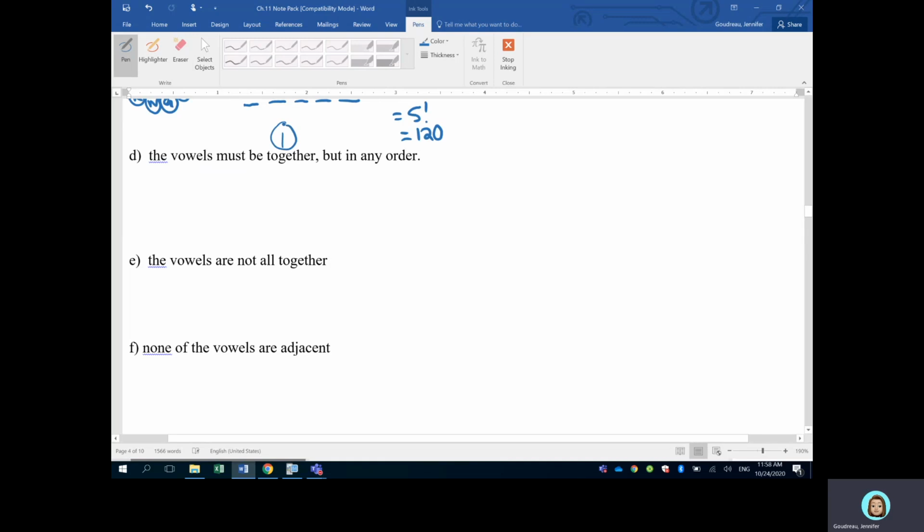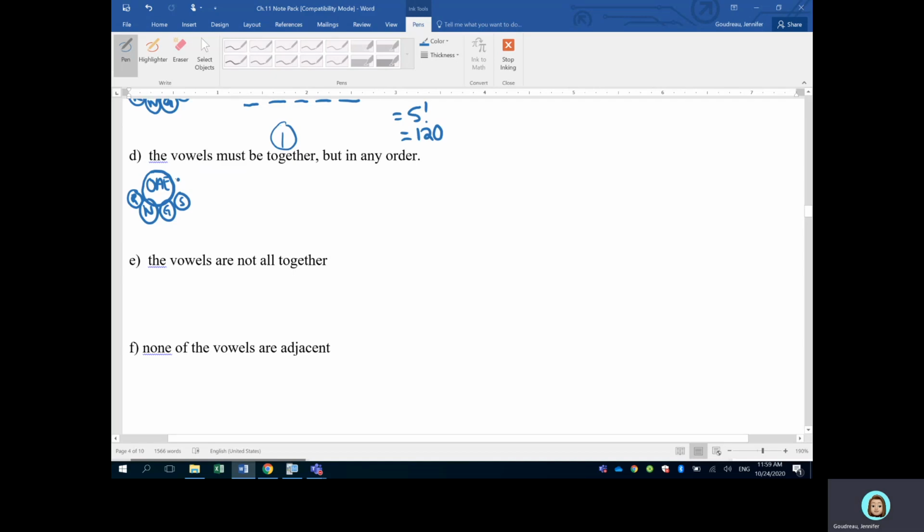So let's do this the same as the past 2. Let's draw our circle. Let's put our vowels in that circle. They are now counting as 1 unit. The consonants are still individuals, so they get their individual units. That's our 1 restriction, that items must be together.